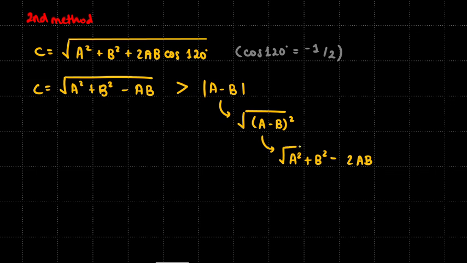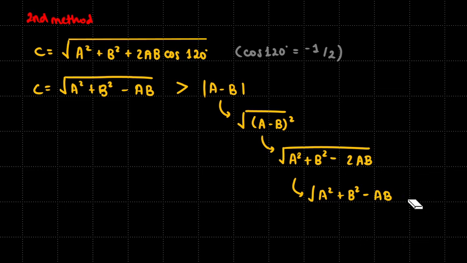And you can take this 2AB and make it AB plus AB, so it will be A squared plus B squared minus AB, which is the thing that we had, and we also subtract another AB.